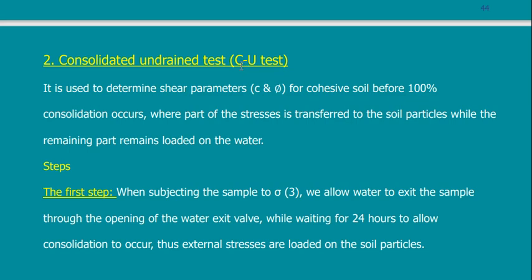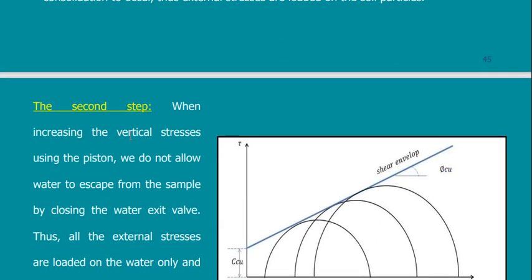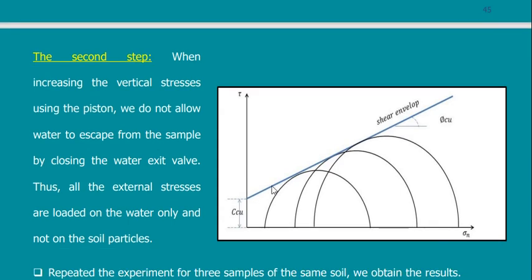You see, the advantage of this test is that it can simulate any case of loading in the site. So consolidated undrained means the sample was consolidated due to sigma 3, and now it is not going to be drained due to the additional load that will be put. We describe this; this is the shape of the results of the test.